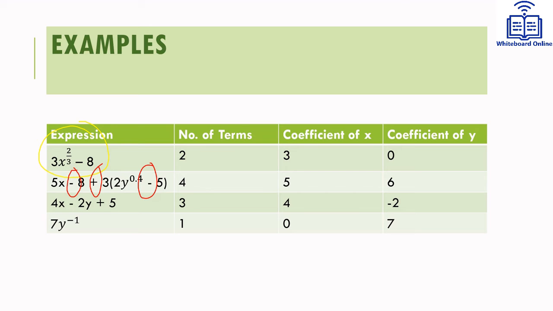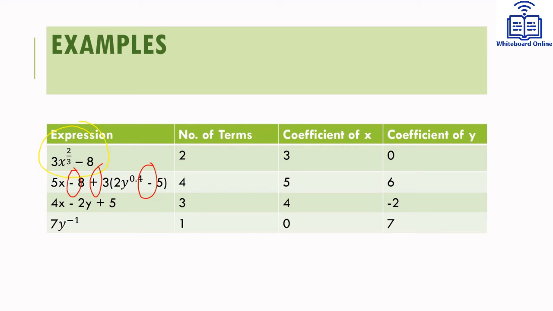Next is 4x minus 2y plus 5. Similarly, 4 is a coefficient, minus 2 is a coefficient, and we have 3 terms. We have 2 operations, one minus and one plus, and with these 2 operations, 3 terms are formed. Therefore, this algebraic expression has 3 terms.